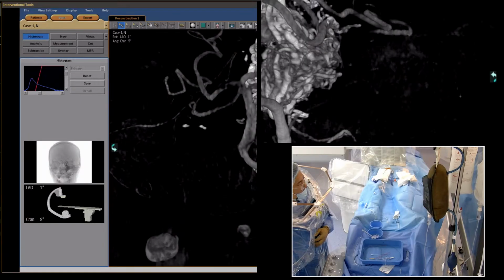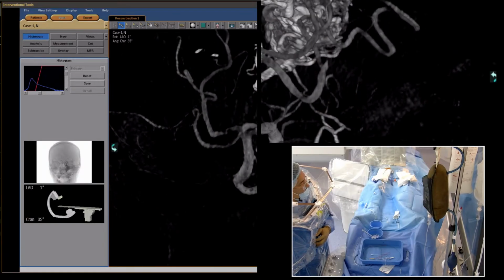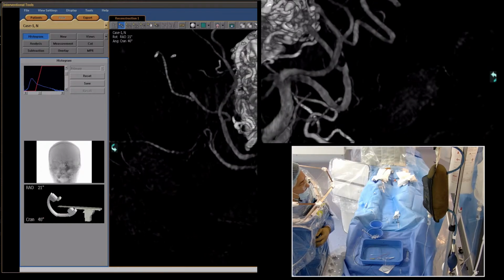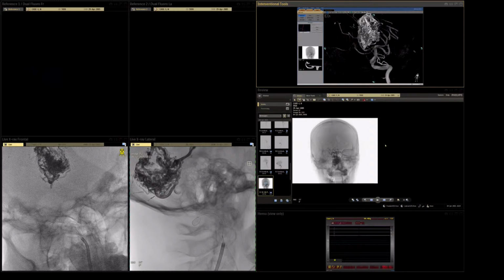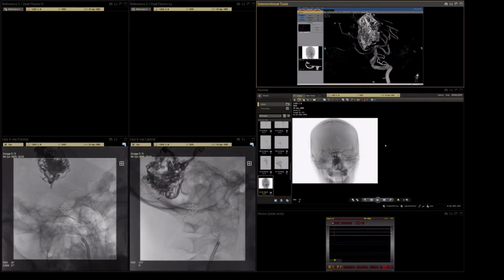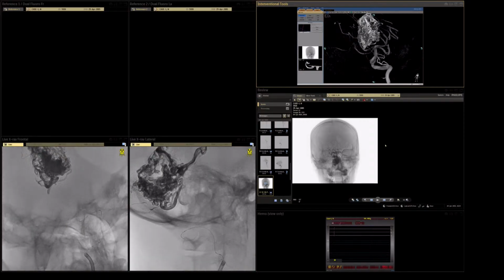Let's see the orifice of the branch with cranial 30, right 26, and cranial 37. Okay.